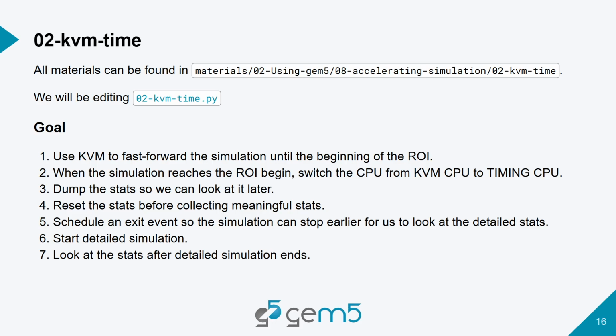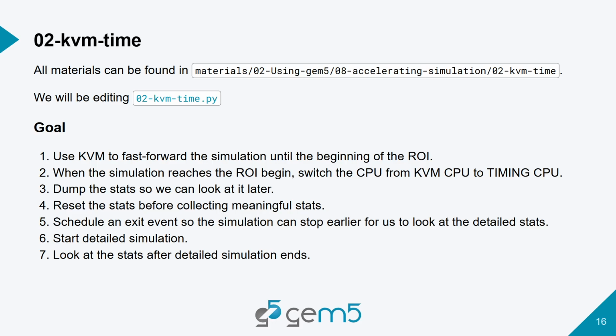So for this exercise, all the material can be found under materials/02-Using-gem5/08-accelerating-simulation/02-KVM-time. Our goal of this exercise is that we want to use KVM to fast forward the simulation until the beginning of the ROI.